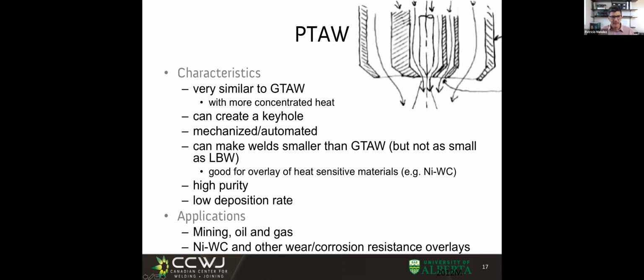High purity, just like TIG applications: mining, oil and gas for overlays, for wear resistant and corrosion resistant overlays. In this province, we use it a lot to make nickel tungsten carbide overlays that are very sensitive to heat. And if you use other types of welding processes, you can dissolve the carbides.